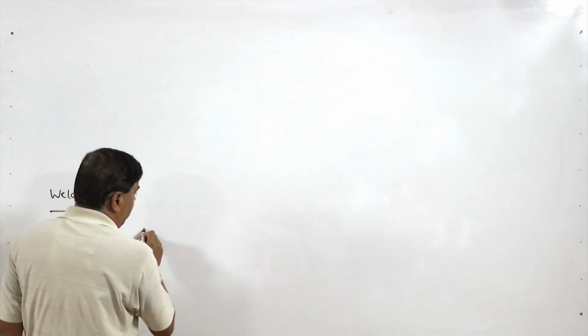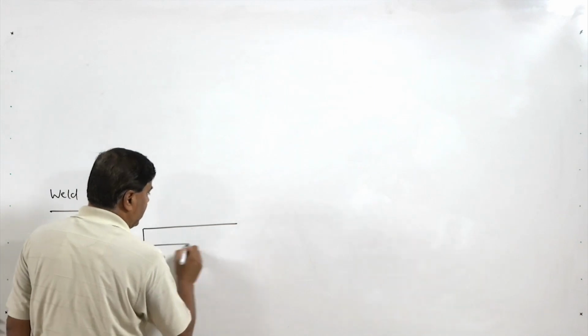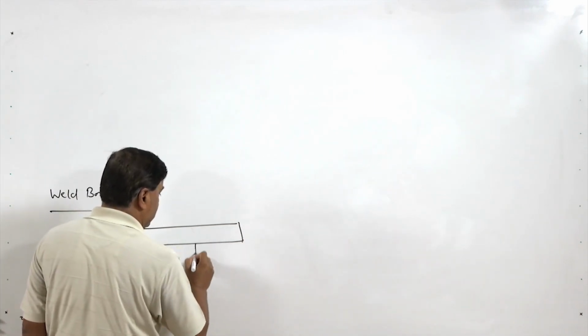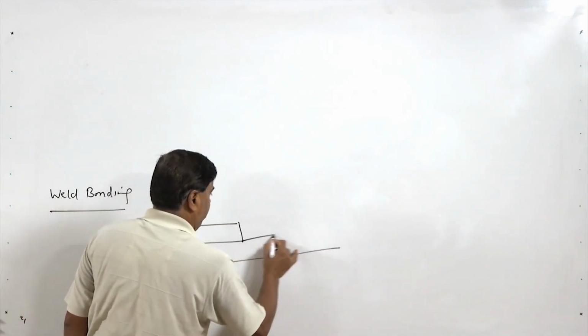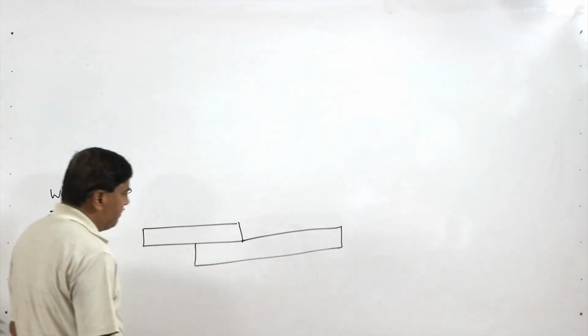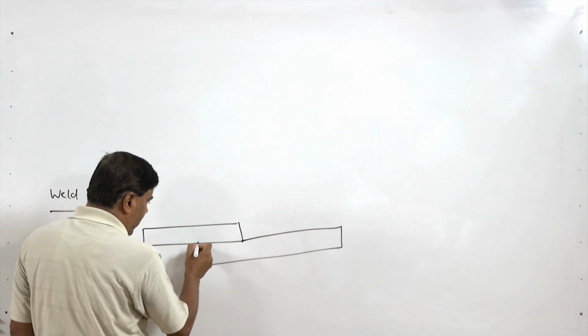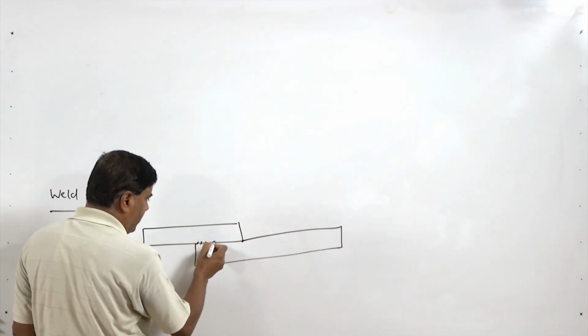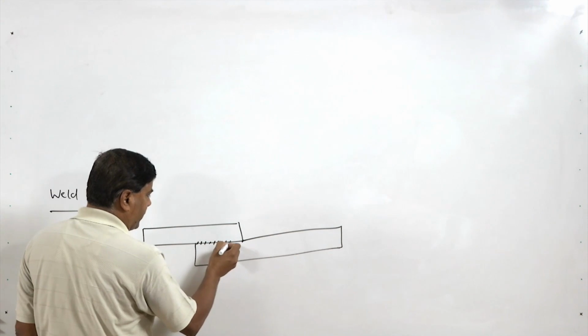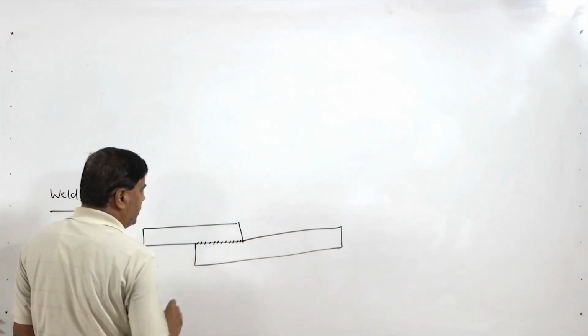Typically, in weld bonding the structure comes out like this. The joint configuration is the same, and first an adhesive joint is made between the sheets being joined.